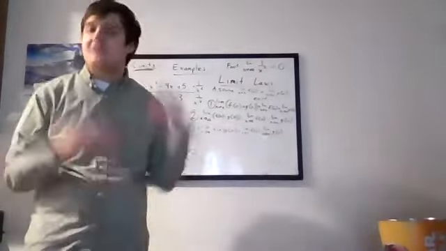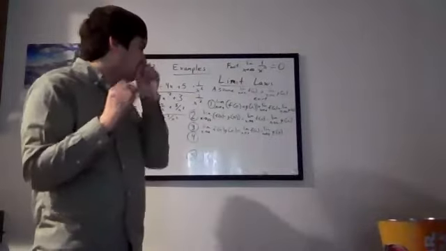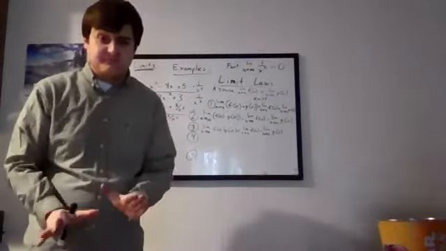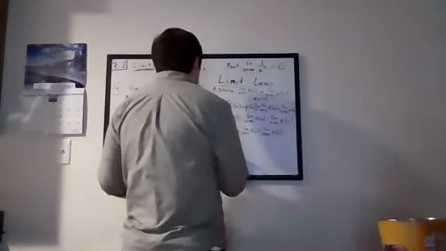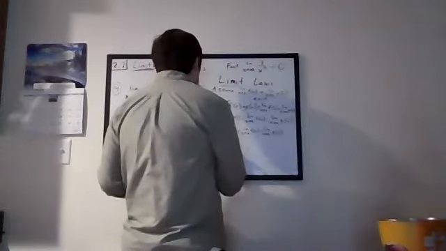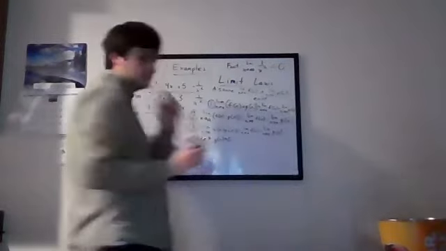With that being said, what about division? Well, division is also allowed under certain conditions, and let me clarify that. We need g of x not to be equal to 0.